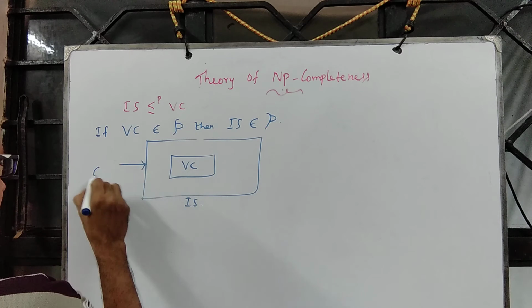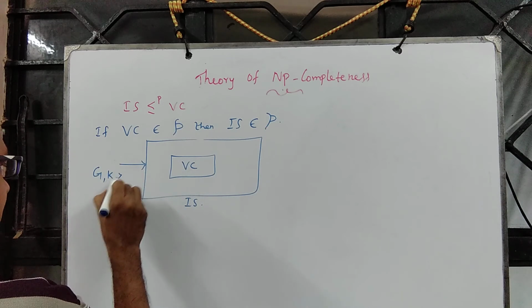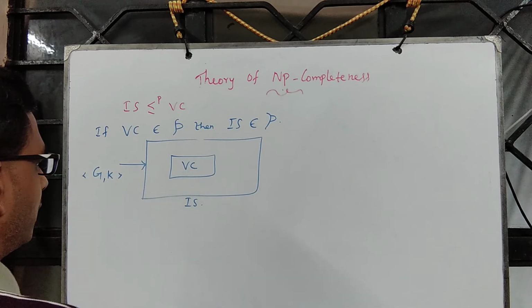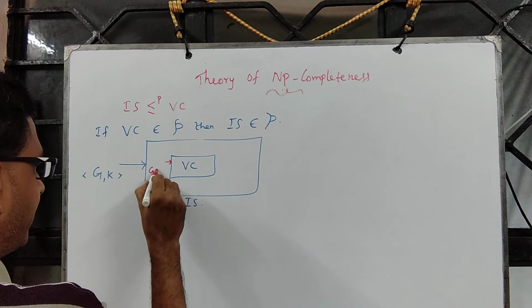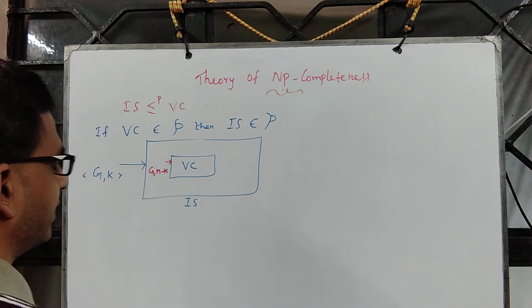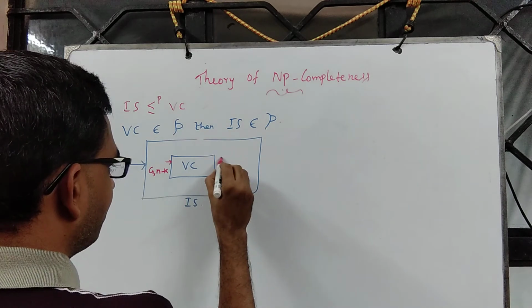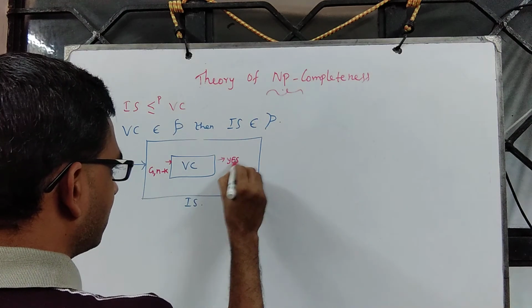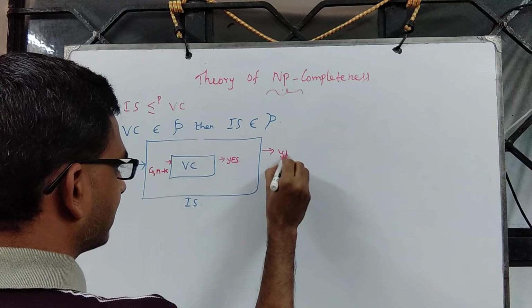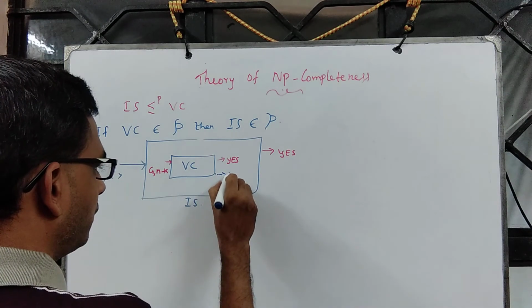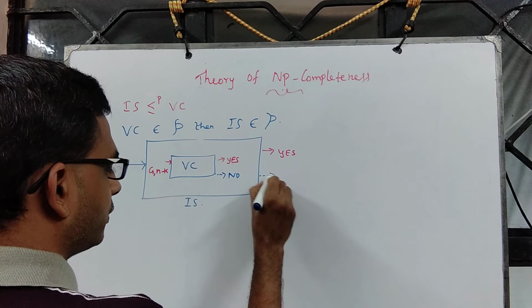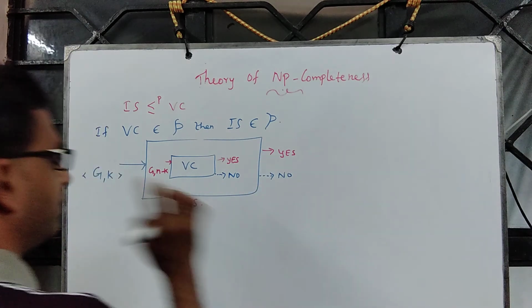So to solve G comma k of independent set problem, what we do, we pass G comma n minus k. If this returns yes, we also return yes. And if this returns no, then we also return no for independent set.